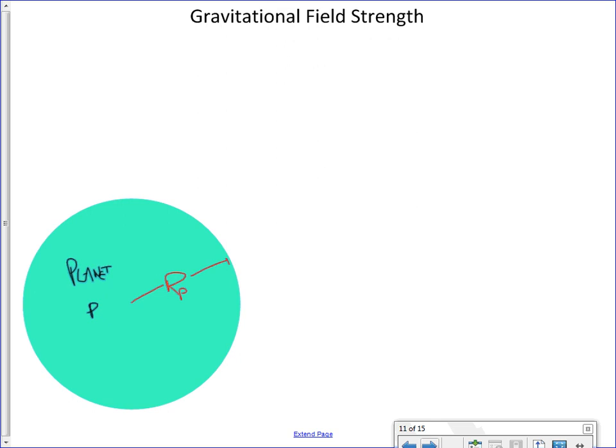All right, let's look at gravitational field strength in a few places. One, let's look at g here. And two, let's look at g here.